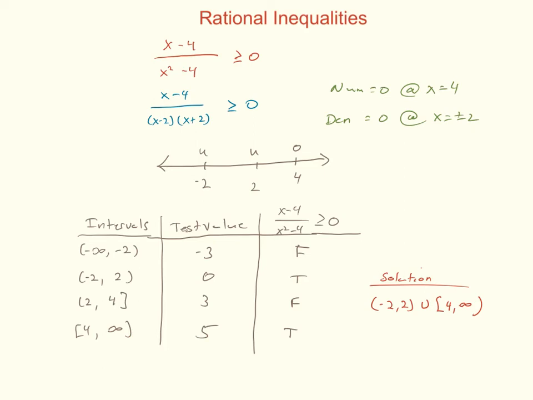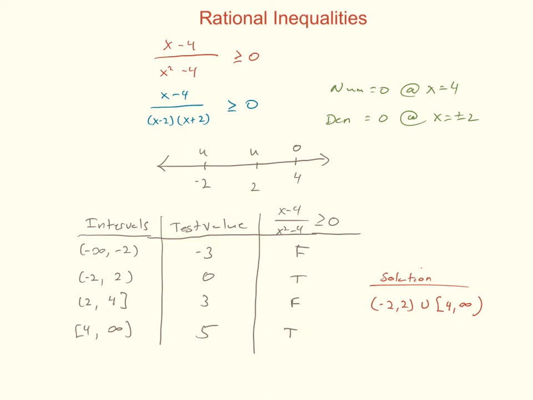For my test values, for the first one I use negative 3. Next one, I put 0, then a 3, and 5. When I plug those back into the original problem, when I put in negative 3, I get a false statement. When I put a 0 in, I get a true statement. When I put 3 in, I get a false statement.